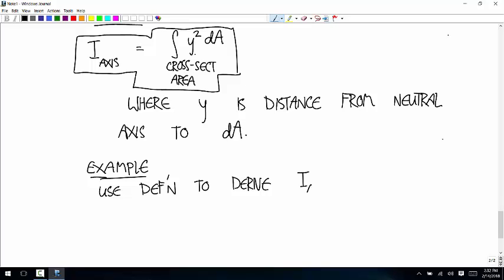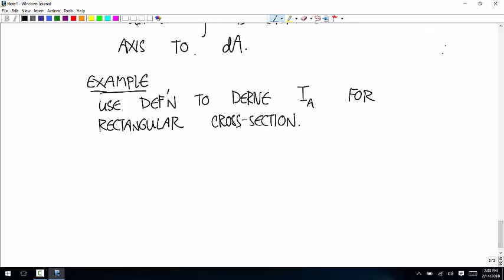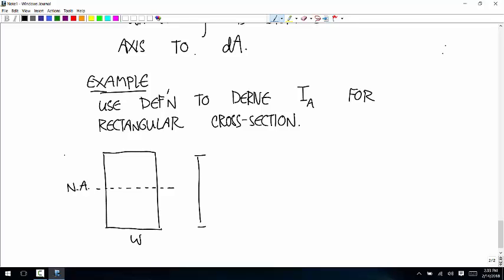So we'll derive I sub A for a rectangular cross section. Okay, so here's the rectangle. The neutral axis goes through the centroid, so that's the neutral axis. We'll call the base W, and this is the height, H.